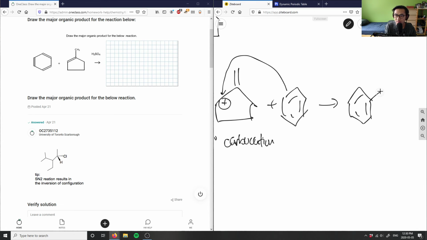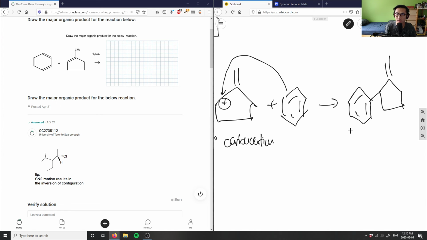I would basically get a carbon-carbon bond. So this here would be like so. Yeah, this here would be our solution here.